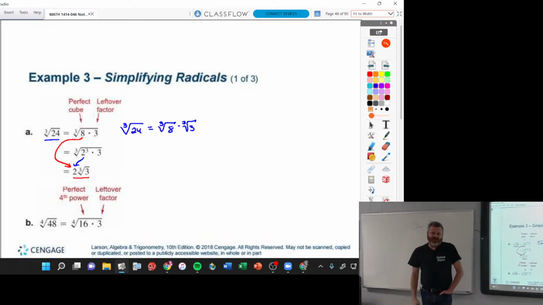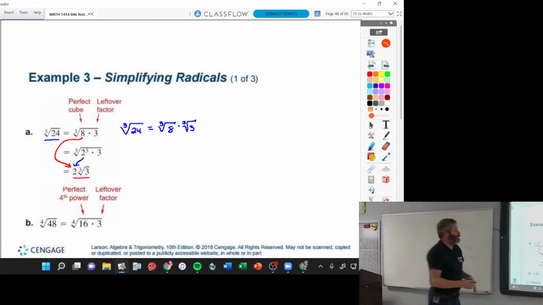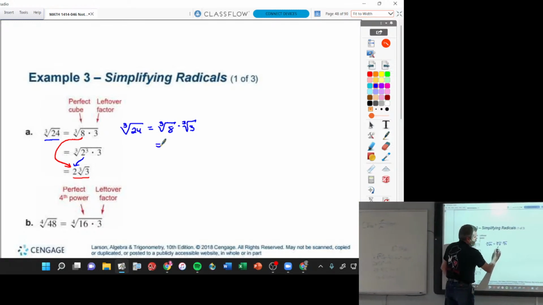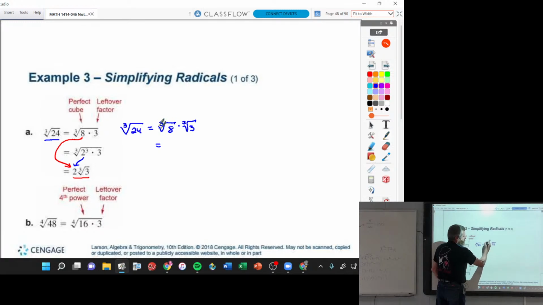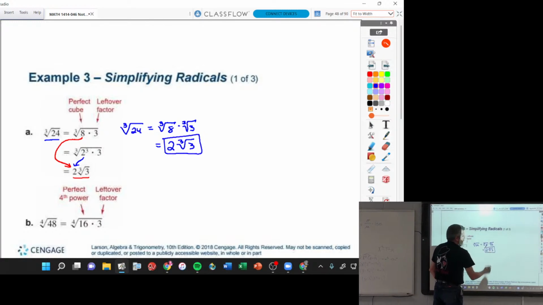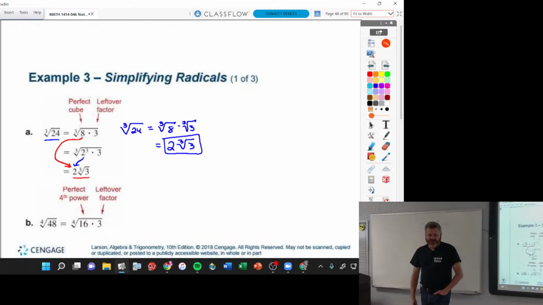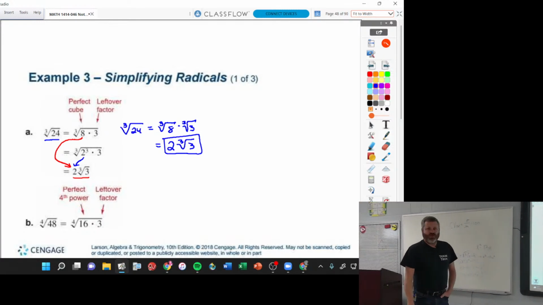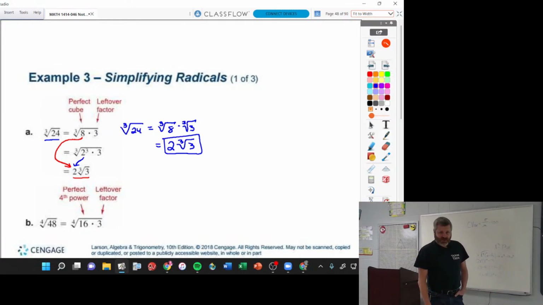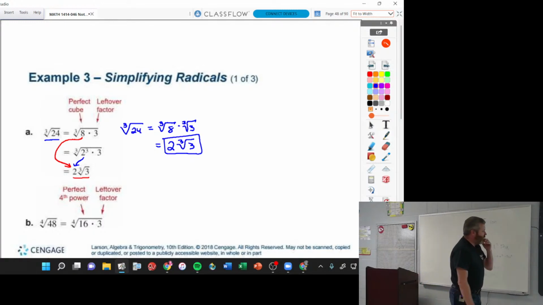I've done the same thing, but I've broken it up. The cube root of 8 is already by itself, so that's just 2, and I have the cube root of 3 left on the inside. I tell my students all the time, there's more than one way to get the right answer on any problem in algebra. The best way is the one that you understand, so pick a method and stick with it.